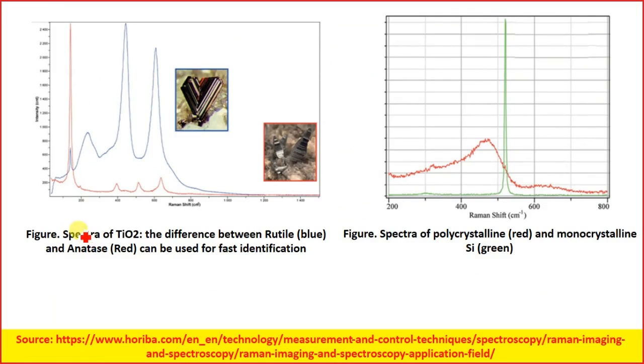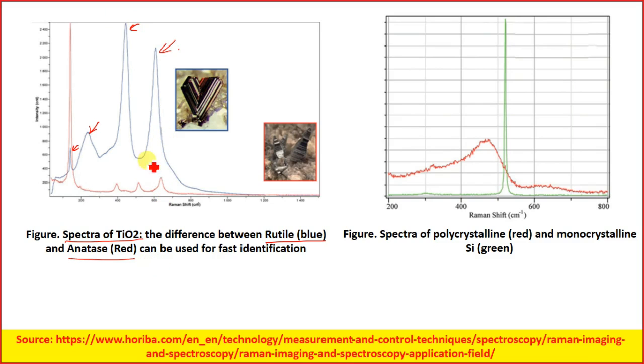Now over here you have the spectrum of TiO2, the difference between the rutile (blue) and anatase (red) phase. If you see the rutile, it is basically polycrystalline in nature. From here, if you see all of these peaks, they are different.